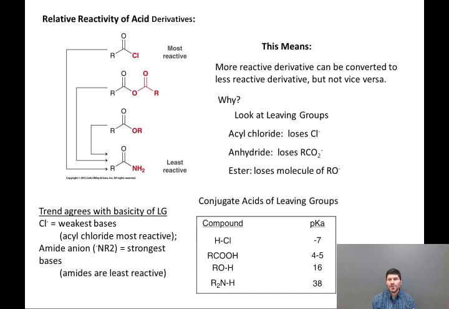Alcohols are the conjugate acid of OR-. OR- is a much stronger base because alcohols have a pKa of 16. And then finally, NR2- is a very, very strong base because its conjugate acid, a neutral amine, has a pKa of 38.